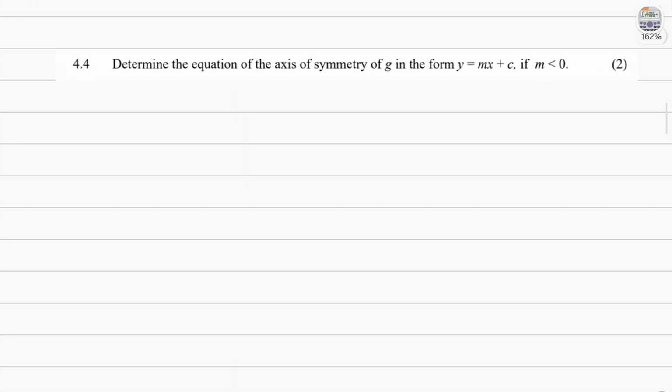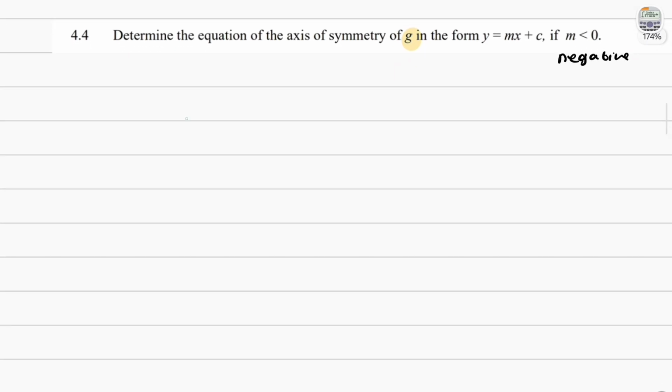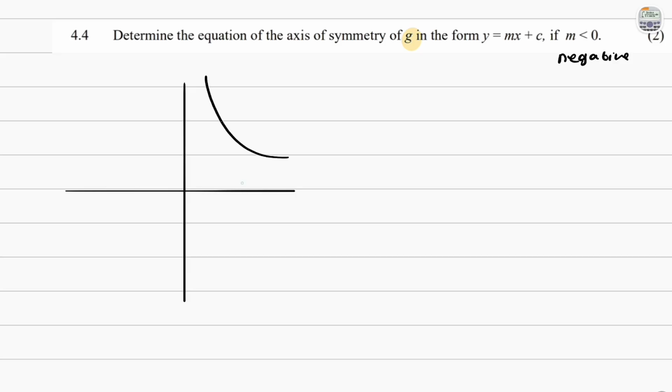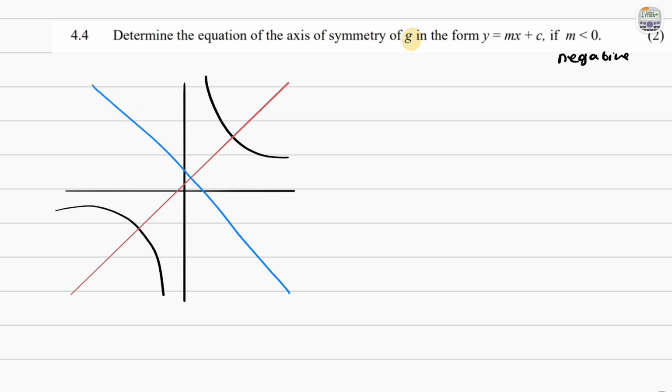The next question, 4.4, says, determine the equation of the axis of symmetry of g, our hyperbola, in the form of y equals mx plus c if m is less than 0, meaning if the gradient is negative. Okay, so you just have to remember what your axis of symmetry equations look like. Our hyperbola looks like that, and it has two axes of symmetry. It has an axis of symmetry with a positive gradient, and it has an axis of symmetry with a negative gradient.